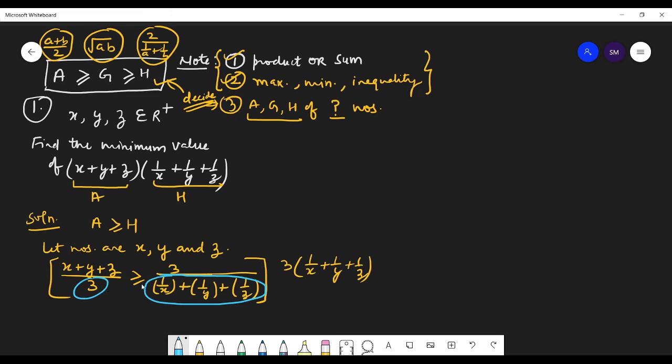This 3 will cancel out. In short, you say, sir, I am doing cross multiply. That is a shortcut. The actual thing is this, so always remember what you are doing before applying a shortcut. So what do you get? (x plus y plus z) into (1 by x plus 1 by y plus 1 by z) is greater than or equal to 9. Very good, absolutely correct.